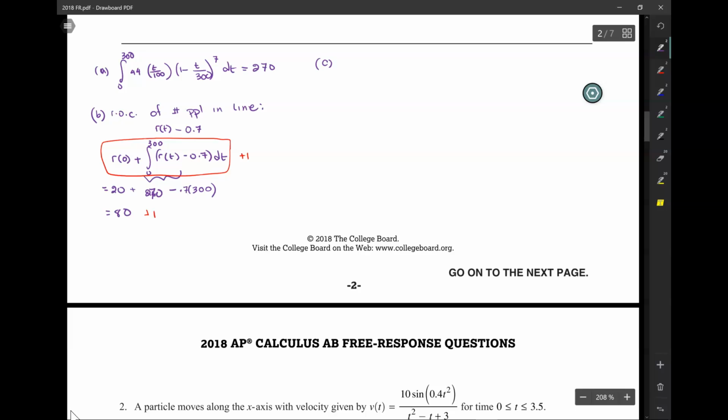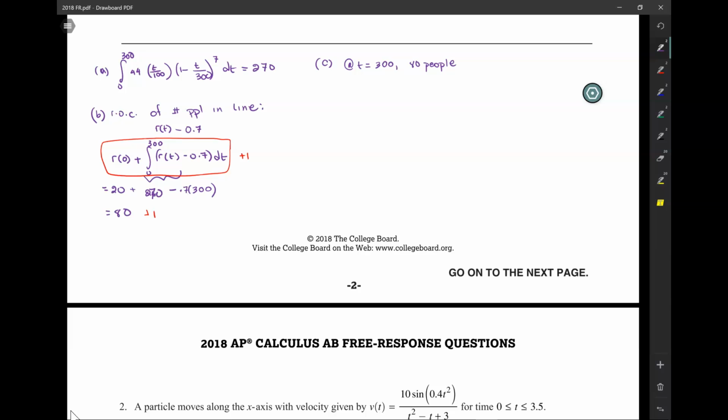For t greater than 300, what is the first time t that there are no people in line for the escalator? Okay, so what do we know so far? We know that at t equals 300, there are 80 people. When are there ever no people?